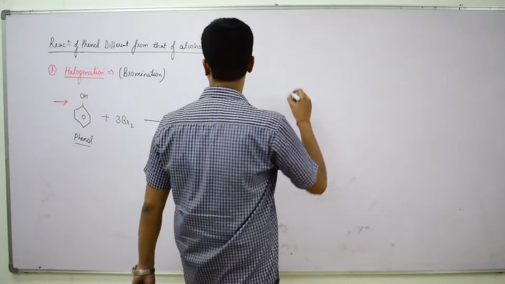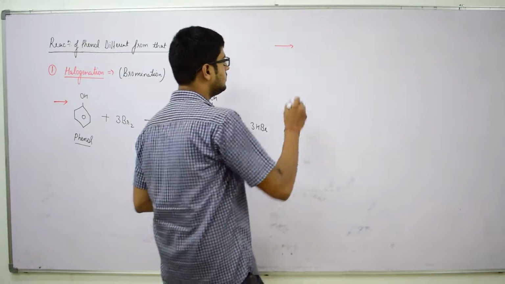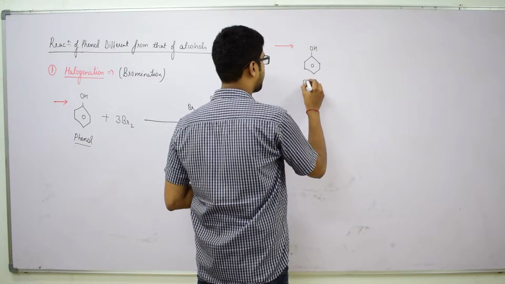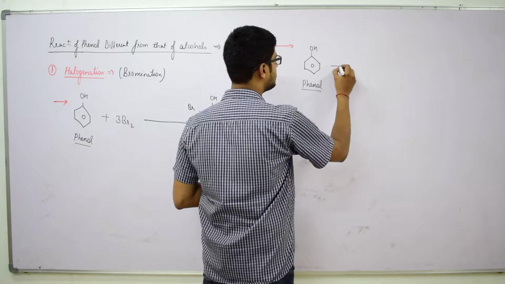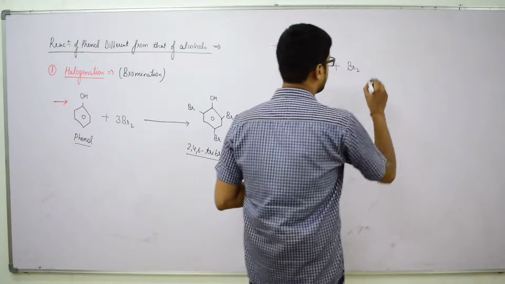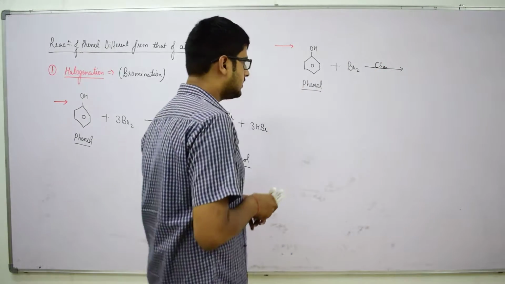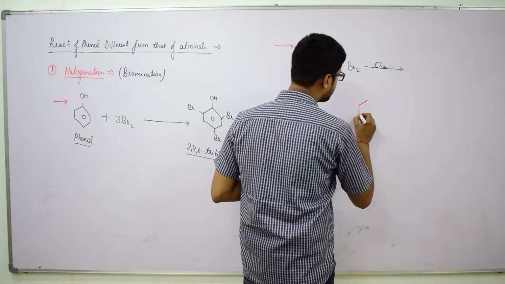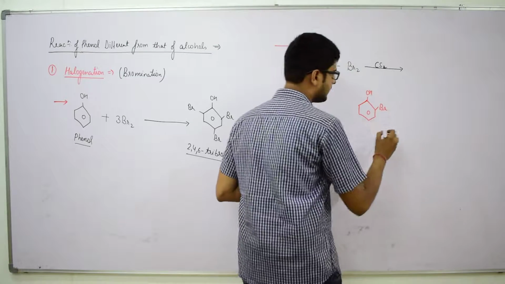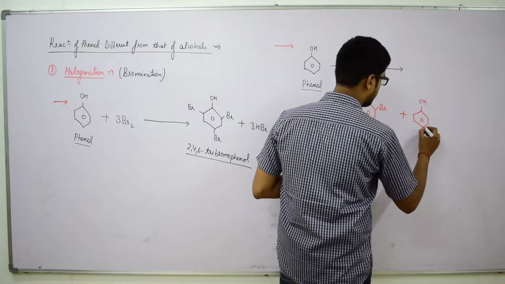Now, let us see the second mechanism of bromination. In the second mechanism, when phenol is treated with bromine in the case of a weak inert solvent, that is carbon disulfide, then it leads to the formation of two products, that is ortho derivative and para derivative.